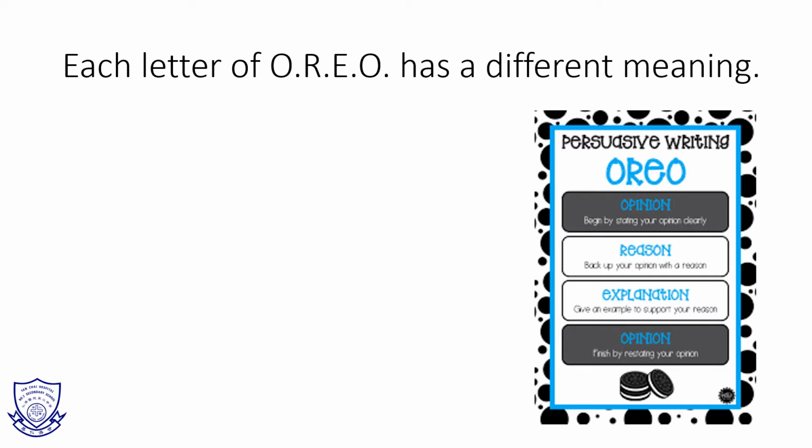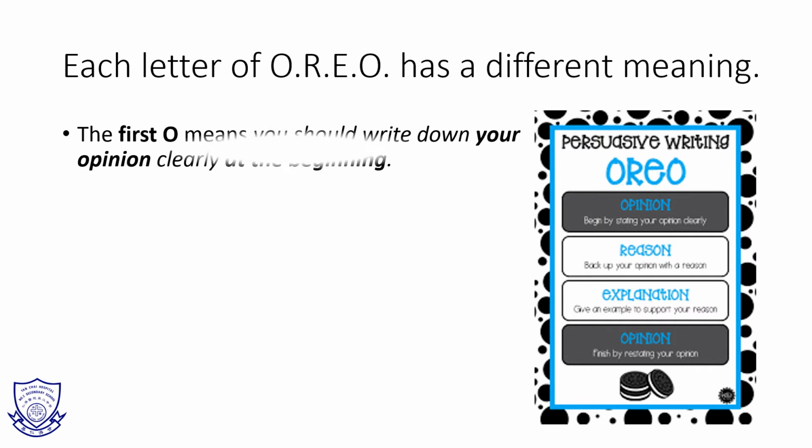But more specifically, what does it mean? What do you have to do when you want to apply this OREO writing model? As you may have guessed, each of these 4 letters has a different meaning. The first O means you should write down your opinion clearly at the beginning.